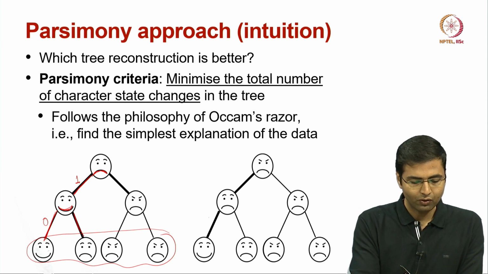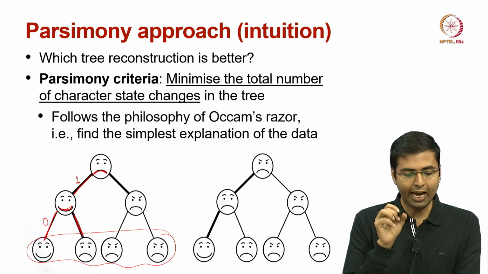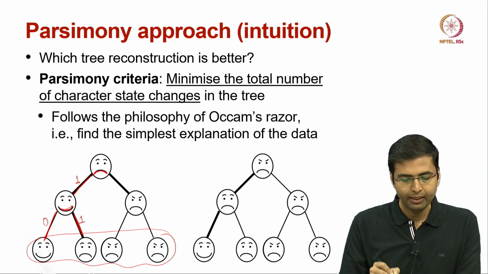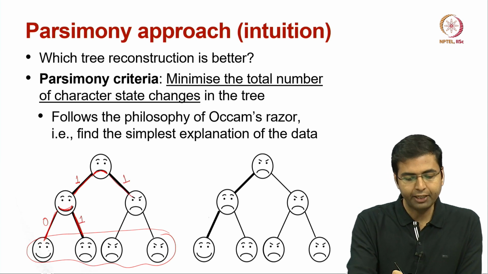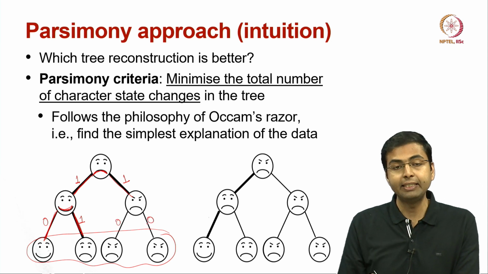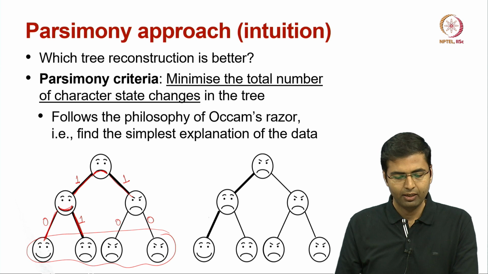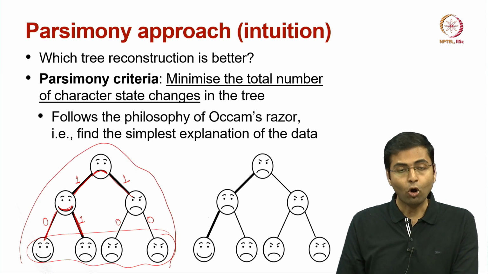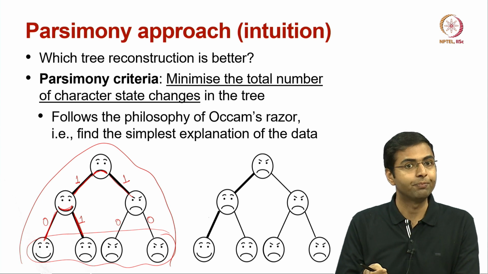On this edge again you have a shape change in the eyebrow, so we have one character change. Similarly, here you have one change and here you have 0 changes on these edges. So, overall, when you are building this tree, you are observing 3 character state changes across the edges of this tree.